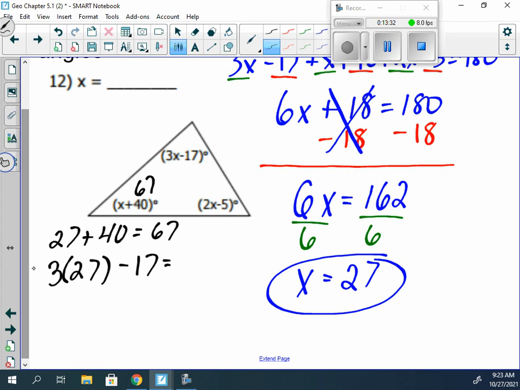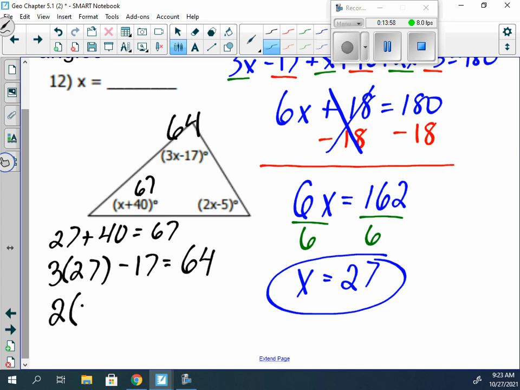Because we could work it out and do 3 times 27, which would be 81 minus 17, which would get us back to 64.